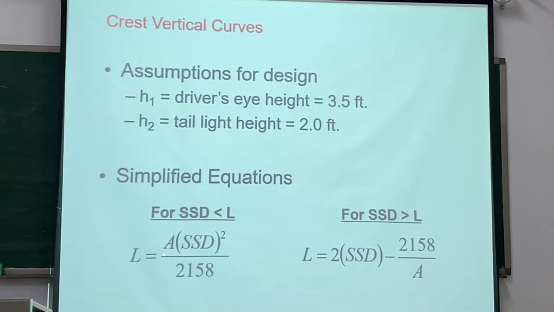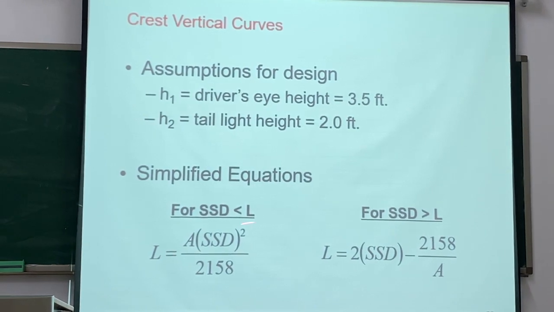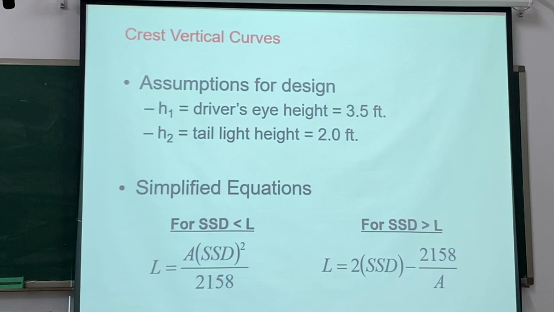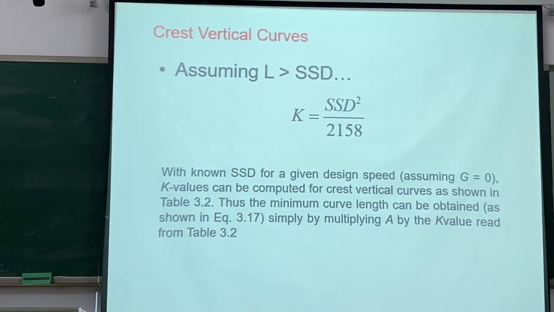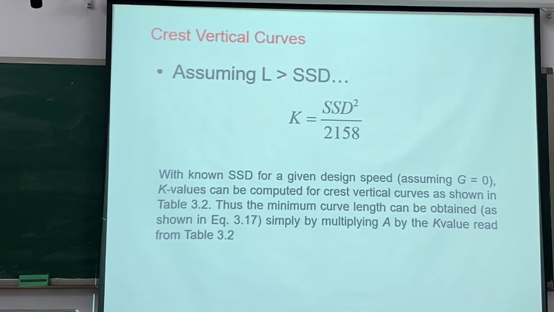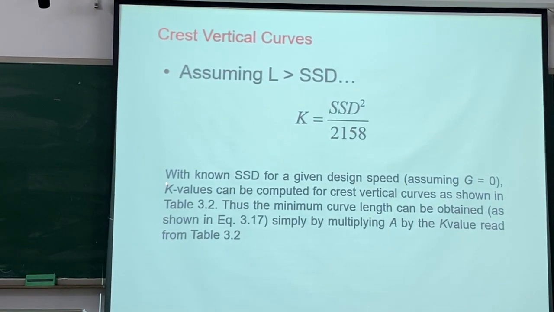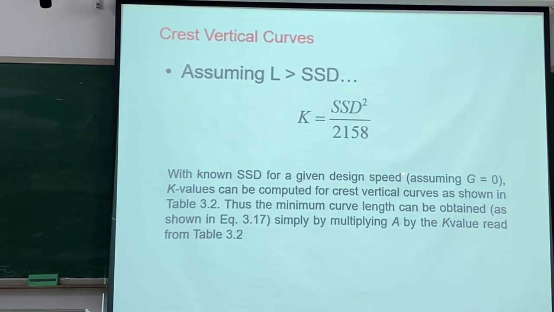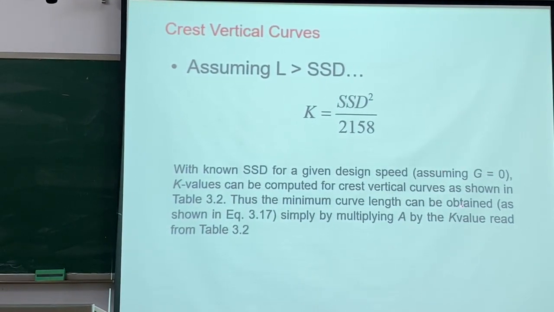So to simplify the equations we can use this. It's L for different conditions. We can calculate L with different equations. When we assume L is larger than SSD, we can use K. We know SSD for a given design speed, assuming G is equal to 0.